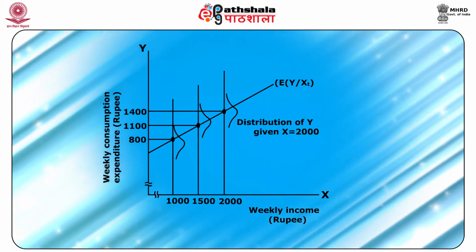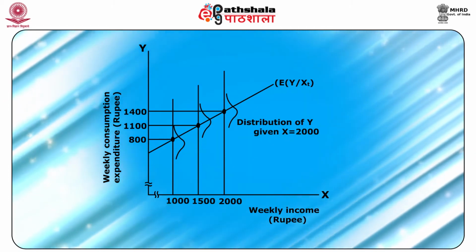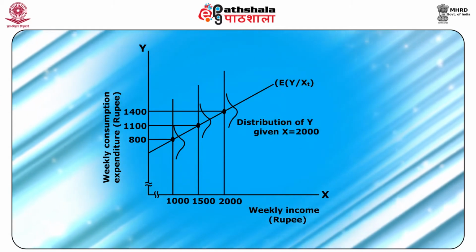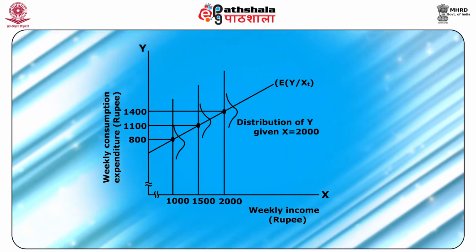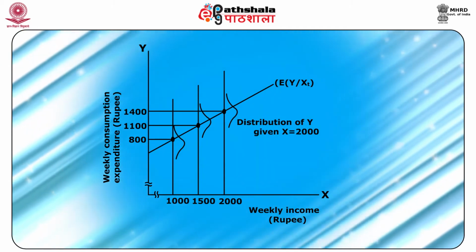And we also have the distribution of these consumptions given a particular level of income denoted by these curves. So, this is basically what the diagram is trying to show you.